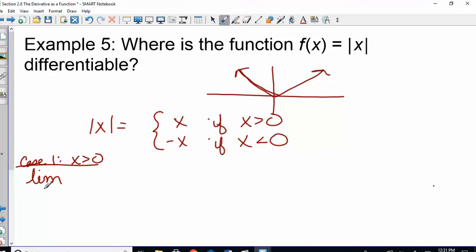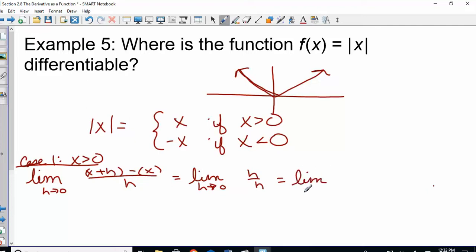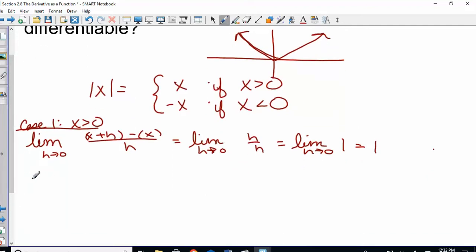The derivative would be the limit as h approaches 0 of f of x plus h, so that would just be x plus h, minus f of x, which is just x, all over h. My x's cancel. h divided by h is 1. So I get the limit as h approaches 0 of 1, which is 1. So it exists if x is positive. The derivative is just 1.